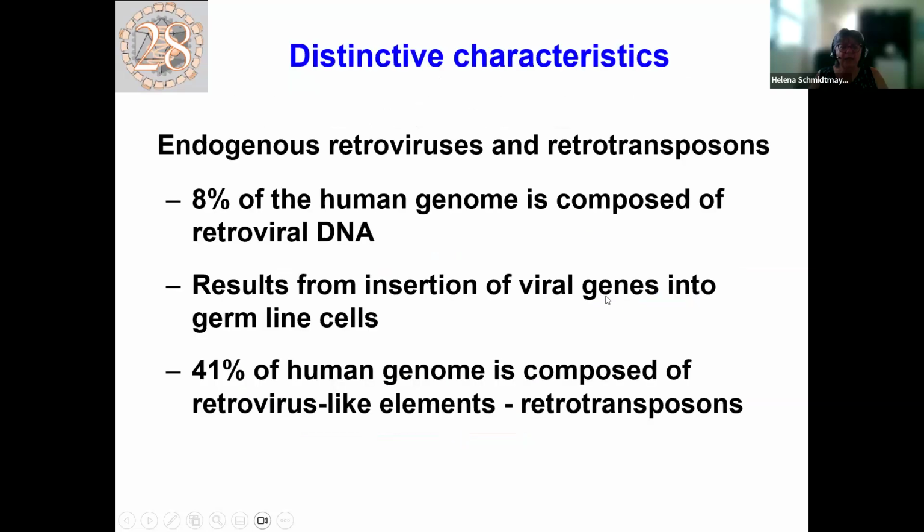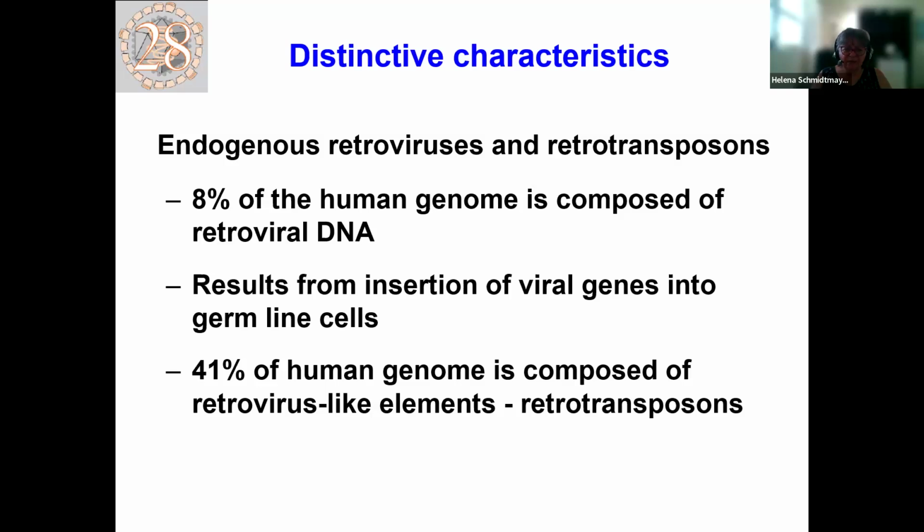proto-oncogenes. Now, at the end, let's talk a little bit about endogenous retroviruses and retrotransposons. Approximately 8% of the human genome is composed of retroviral DNA, so-called endogenous retroviruses. Upon the insertion of the viral genes, they lost some capabilities, they lost some sequences, so they cannot synthesize functional infectious viruses, but they can still, upon certain circumstances, activate synthesis of particular genes.